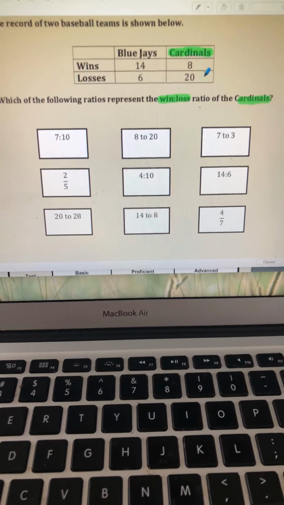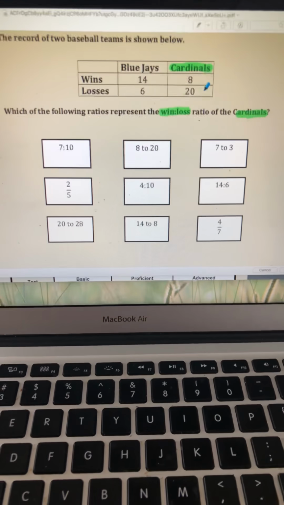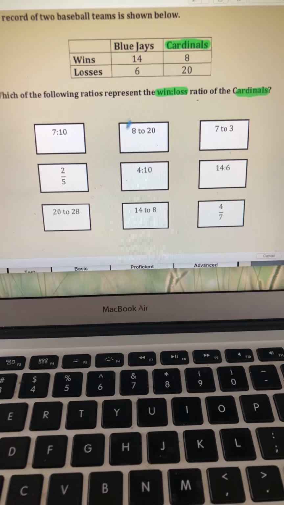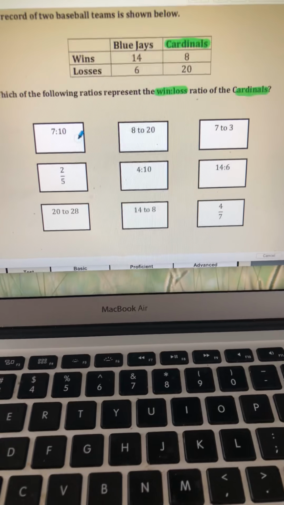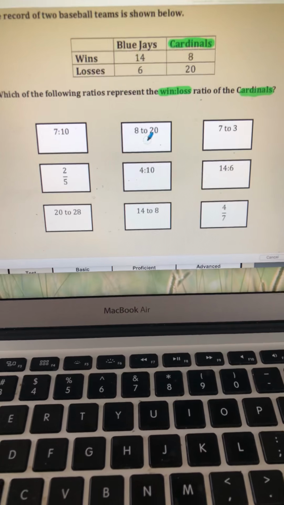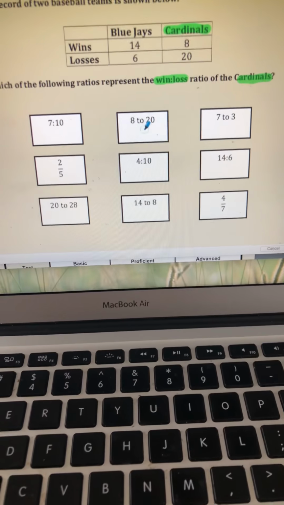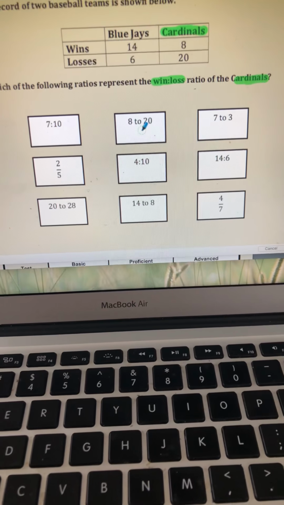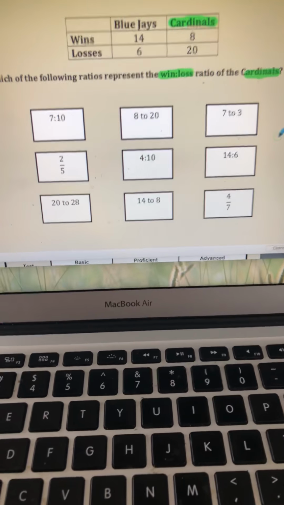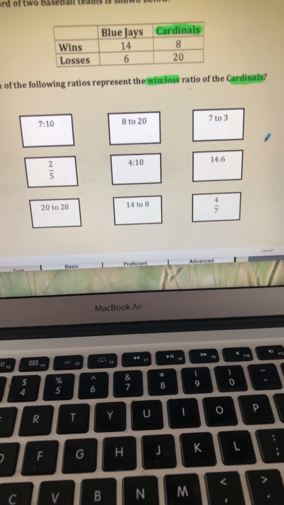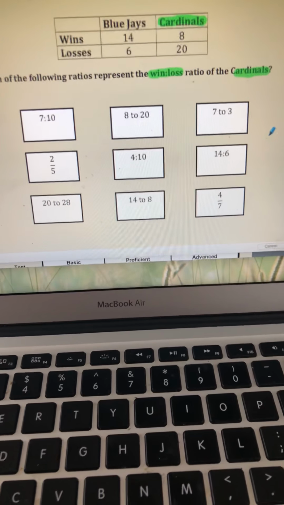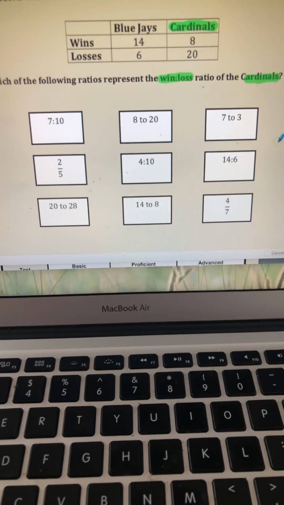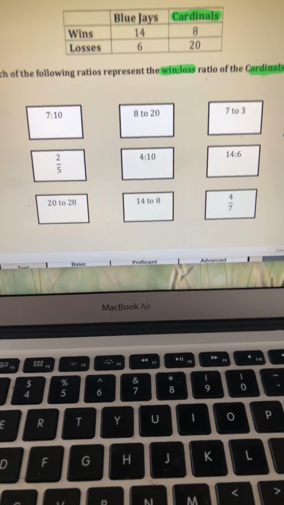The 3 ways that we can write that are the colon version, which would look like this right here, but obviously that's not the answer. We're looking for 8 to 20. The word version, which will be 8 to 20, or the fraction, where it might say 8 over 20. And once again, we're looking for what it would be before it is simplified, and then what it looks like after it is simplified, and once again finding the GCF to do that.